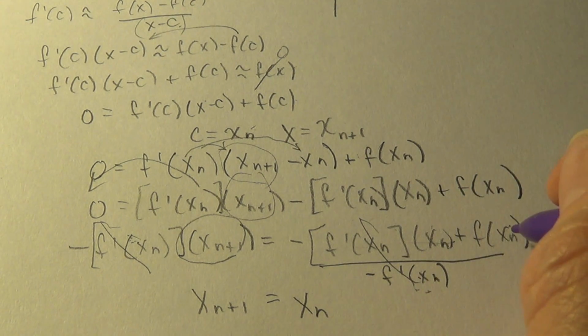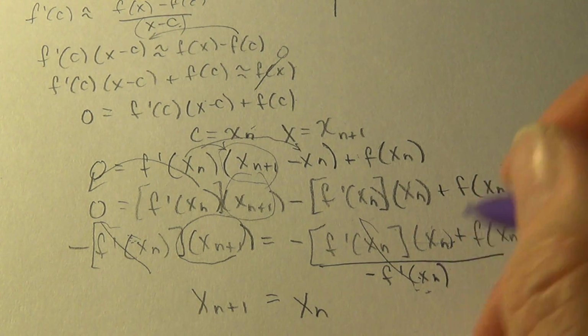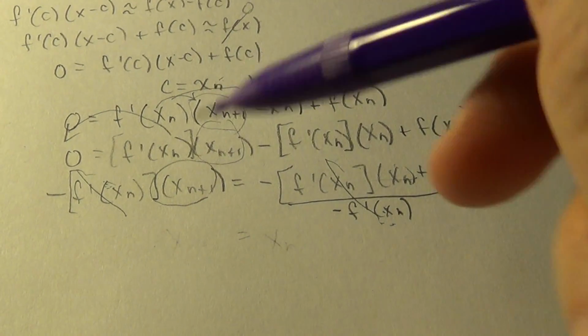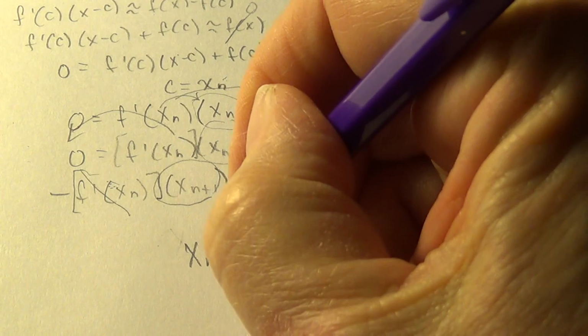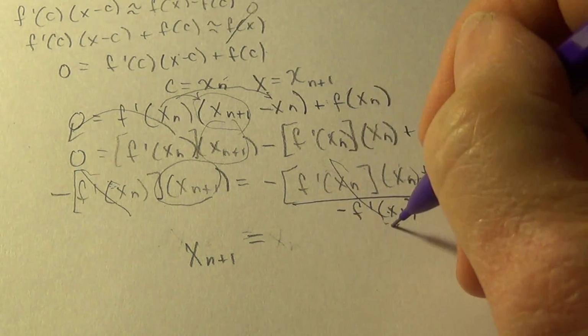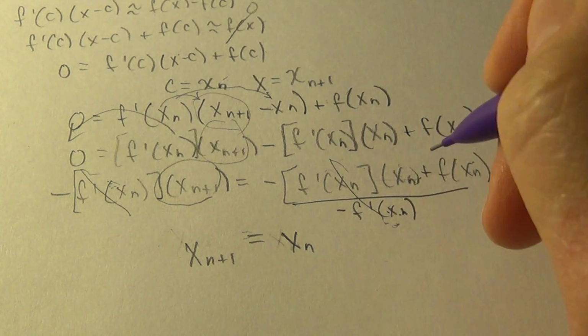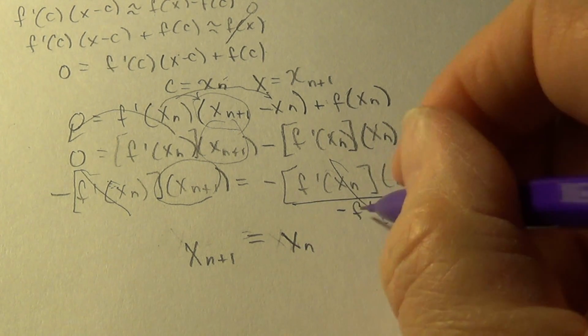That's when it does cross out. When I divide this by this, it does not. Let me move this down. It'll be a little more clear. All right, so x sub n plus 1, finally by itself on the left, equals just x sub n, and then this divided by that, and it is negative.